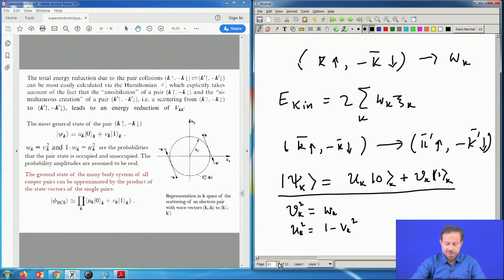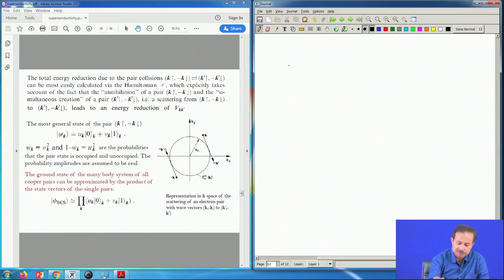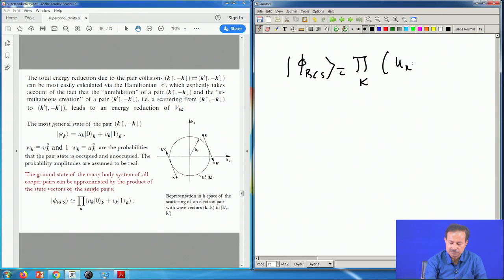So, the BCS state that they proposed is the product over all such k states of (uk |0k> plus vk |1k>).